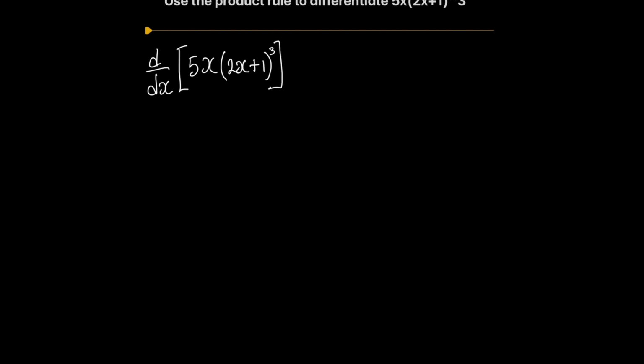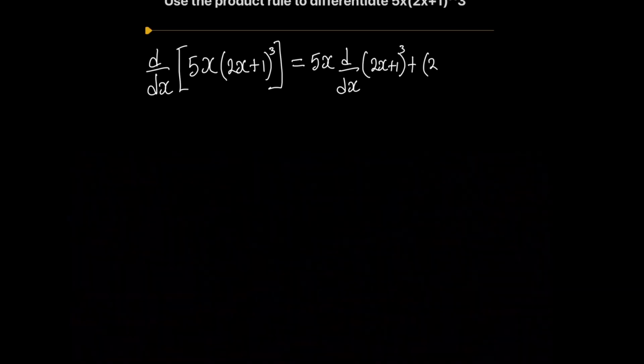Now to do this, we use the product rule where we keep 5x constant and then differentiate 2x plus 1 power 3, plus keep the 2x plus 1 cubed constant and then differentiate the 5x.